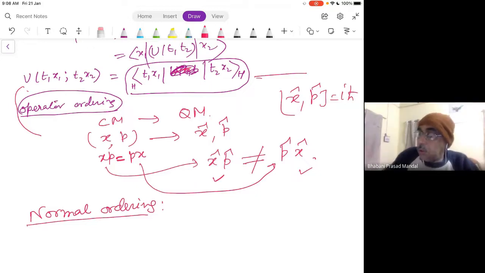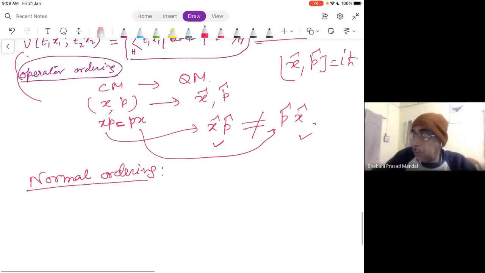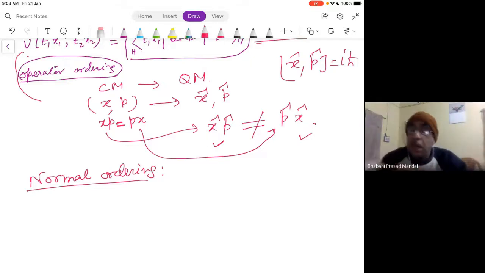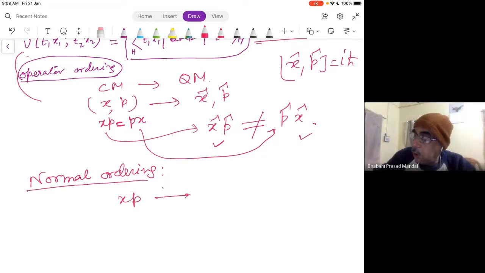Normal ordering means, let me write an example so it will be clear to you. If you have xp, then in normal ordering it will always be px. P always should be left of x.